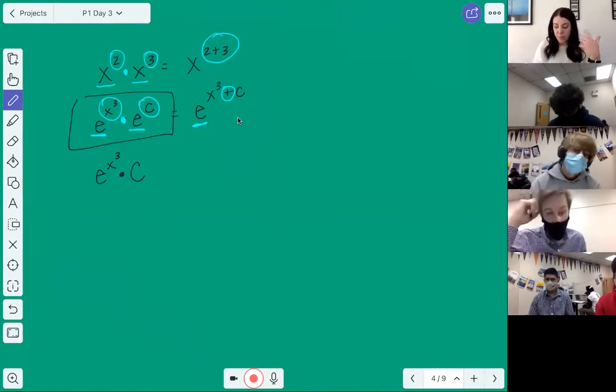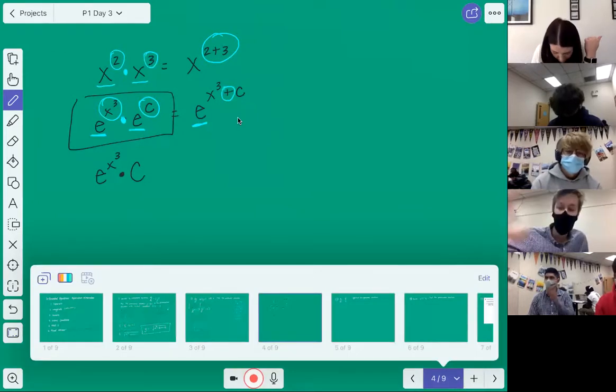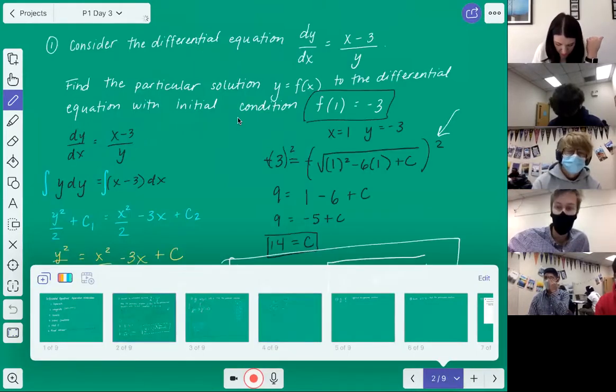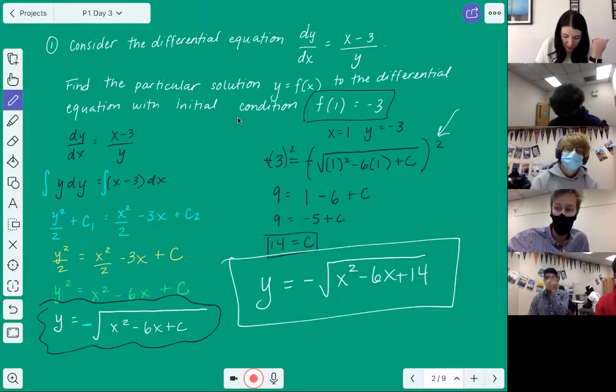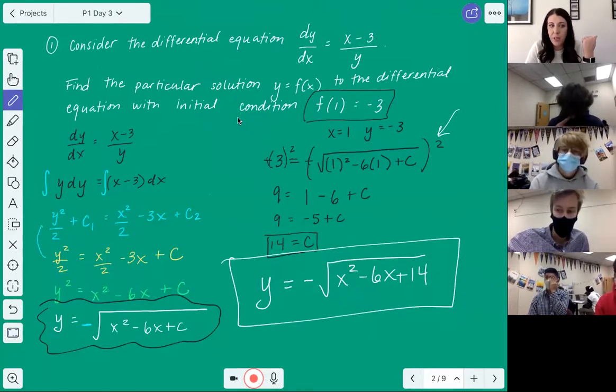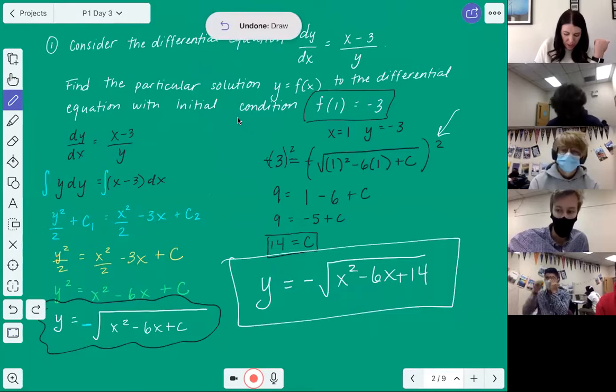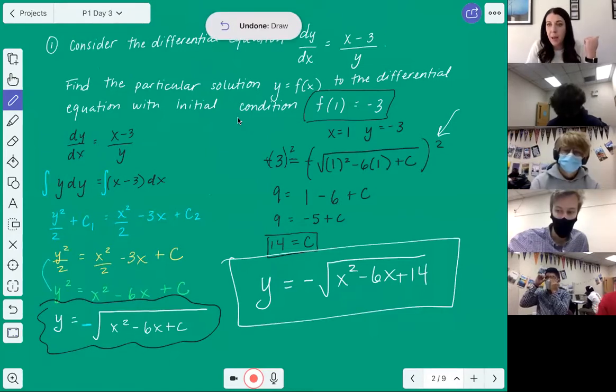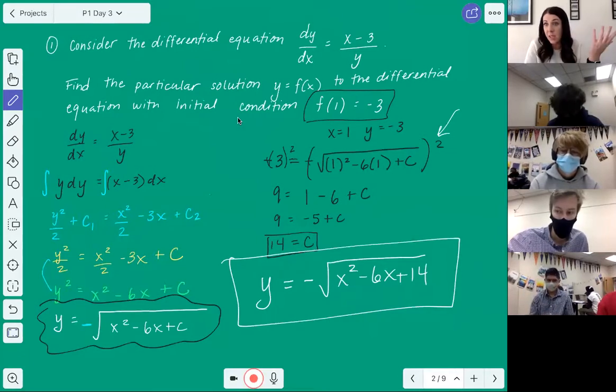So on that previous problem we did, we ended up multiplying both sides by 2 at this step right here. To go from the yellow to the green, we multiplied both sides by 2. And we left it as c because 2 times a constant is still a constant. So until we solve for it, we're just going to leave it as c, right?